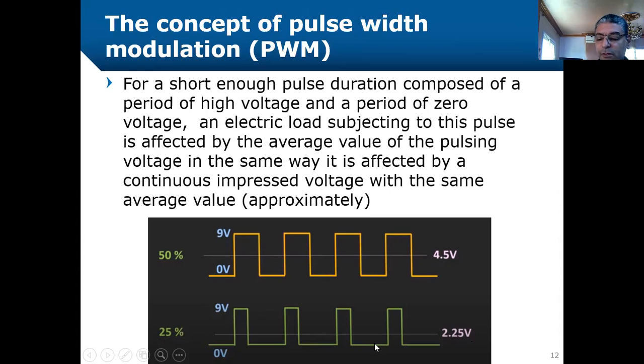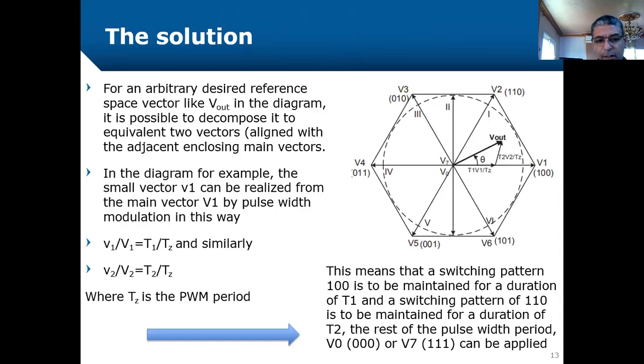The same concept can be used to apply a smoothly rotating space vector on a 3-phase load by the 2-level inverter described earlier. For an arbitrary desired reference space vector like V out, this one, it is possible to decompose it into two equivalent vectors, two enclosing vectors, small vectors V1 and, in this direction, V2.